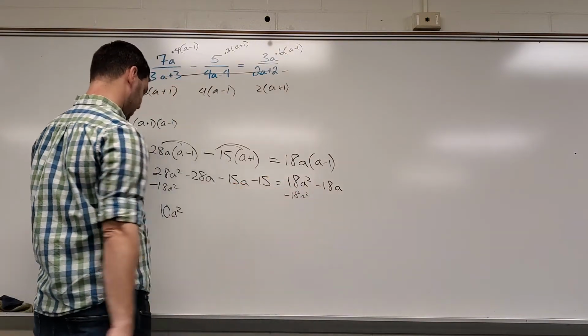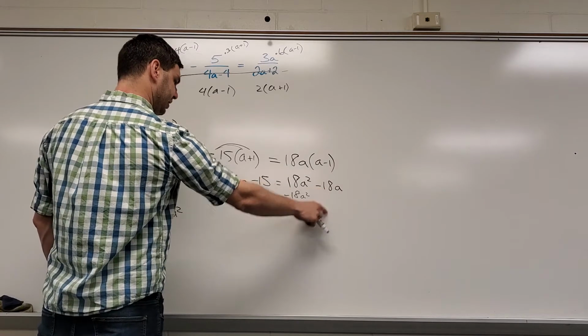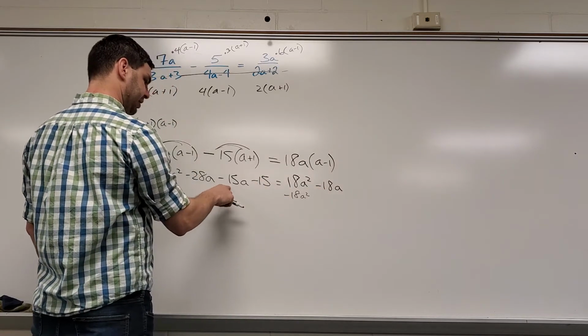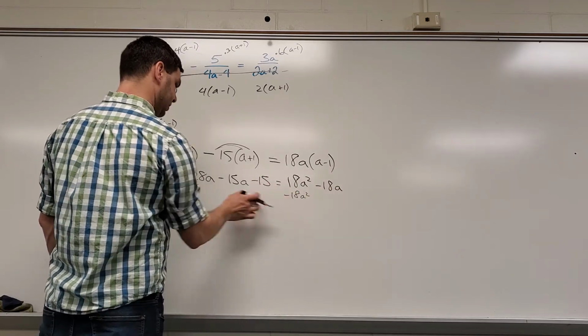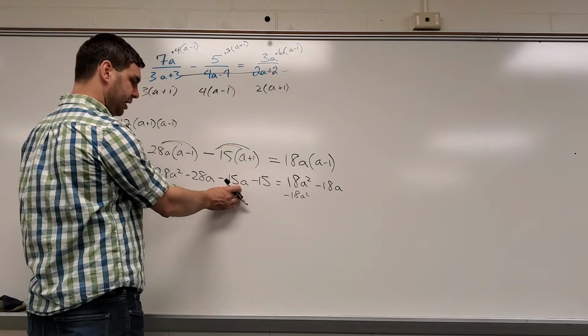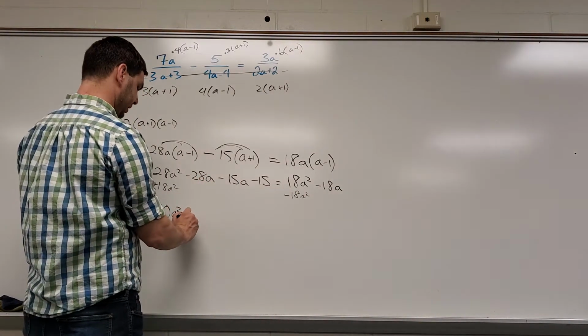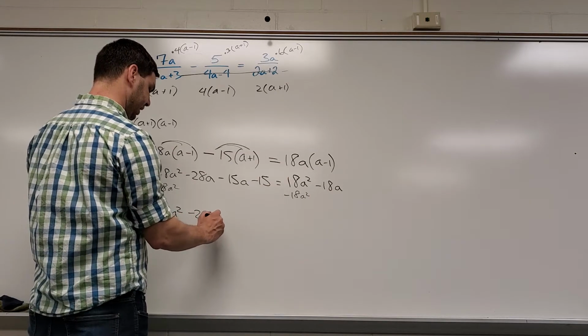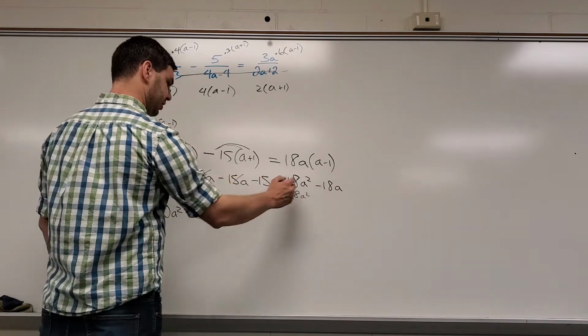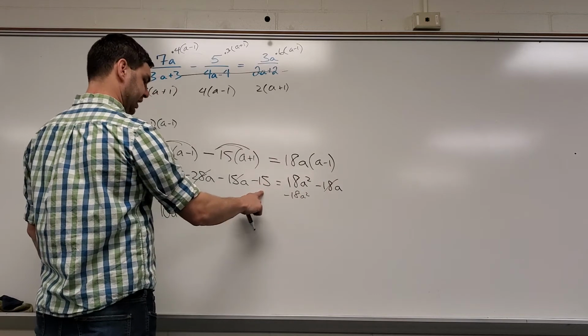So let's see, what if I move the 18 over by adding it? That'd be, if I add 18 to 15, that's positive 3, and then negative 28 plus 3 is negative 25a. So we use all the a's, and then I just have the negative 15.